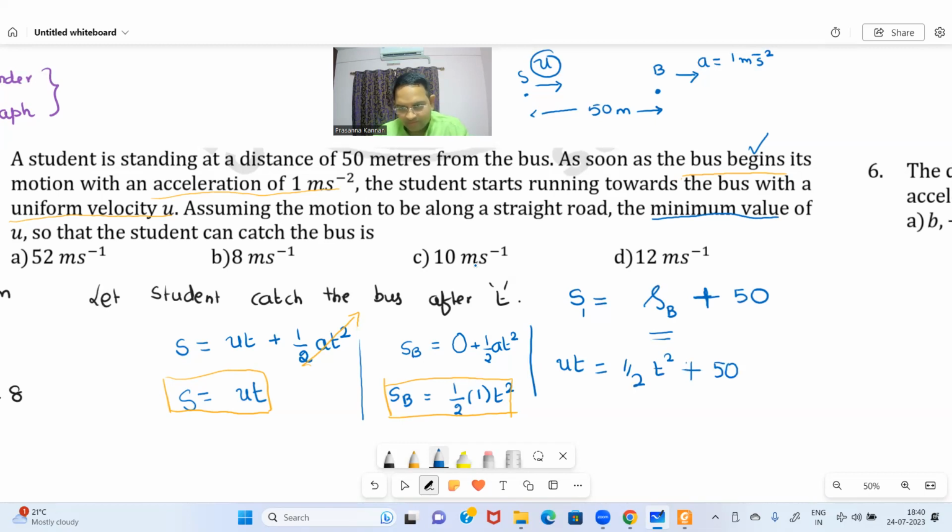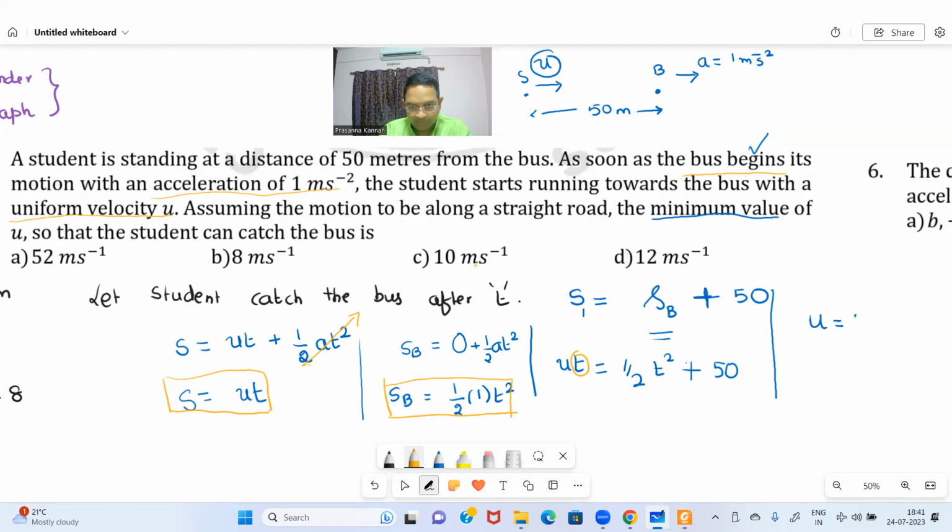Excellent. Now let's do one thing. Let's write u in terms of t. So take the t to the other side. What is u equal to? t square by 2 divided by t. Take this t down to the other side.